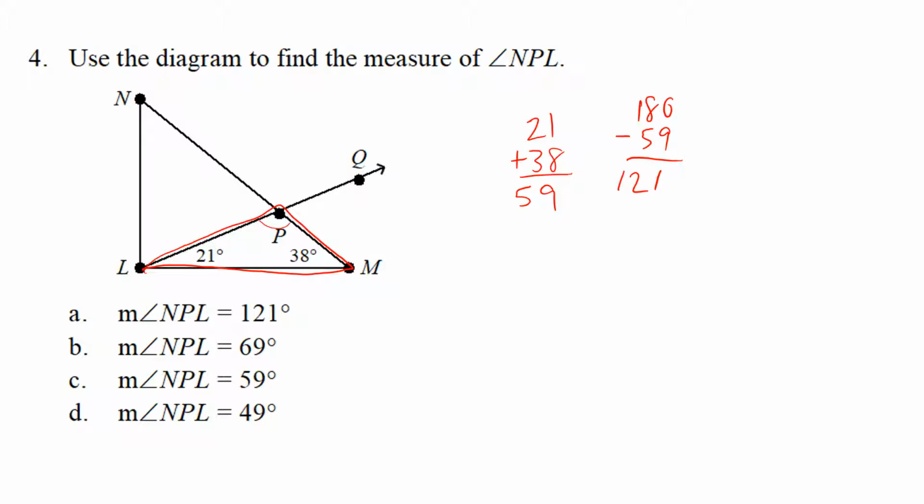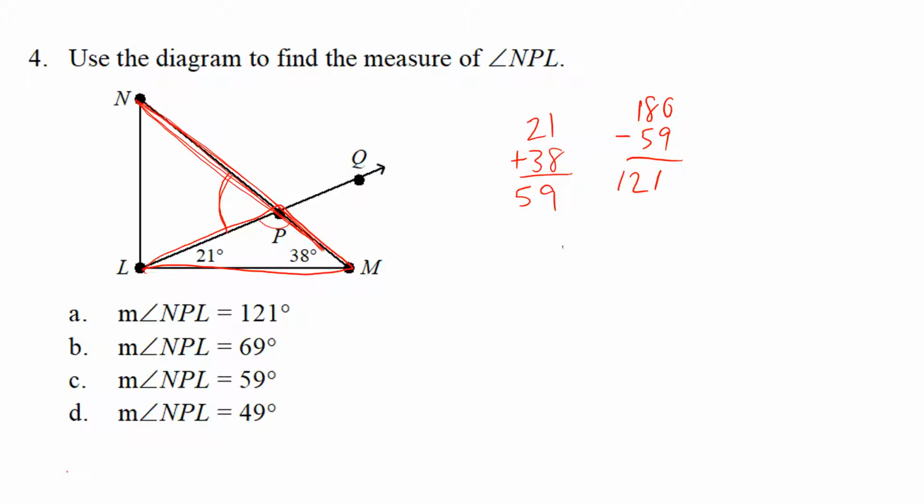So that's the measure of angle P, but I don't want the measure of angle P. I want this angle right here. Well, I wasn't able to change the pen color, but we have a straight line, and every straight line is 180 degrees.